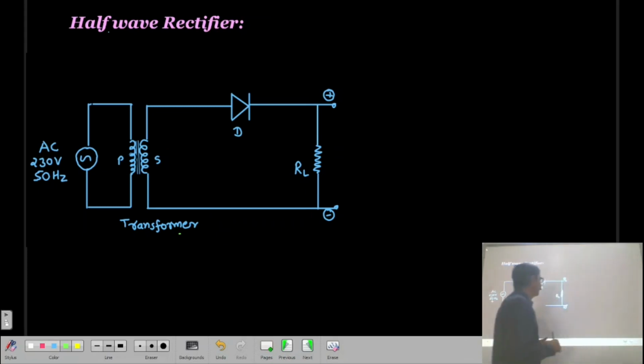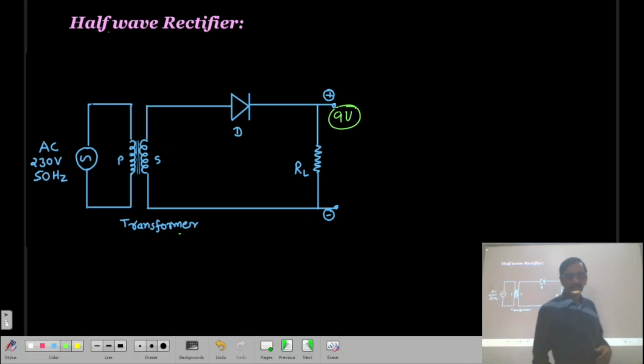Suppose my requirement of DC voltage is 9 volt. I want only 9 volt DC. But what is my AC voltage? It is 230 volt. Directly if you rectify the 230 volt, then you will get roughly 200 volt of DC.